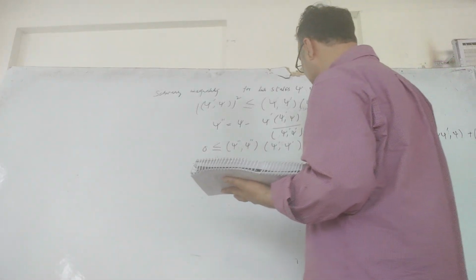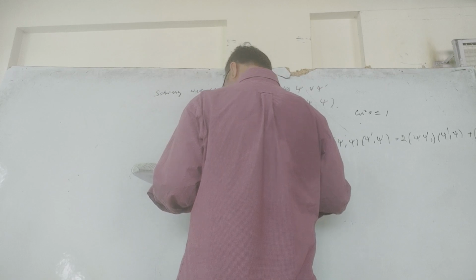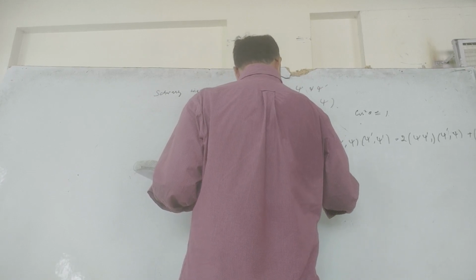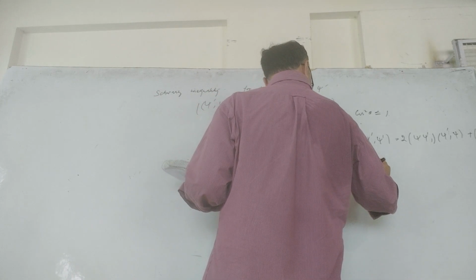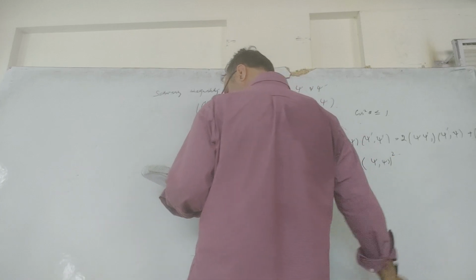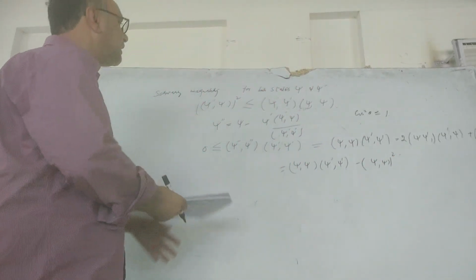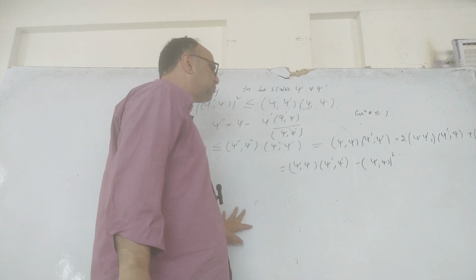So you can write it as psi prime minus psi prime square.